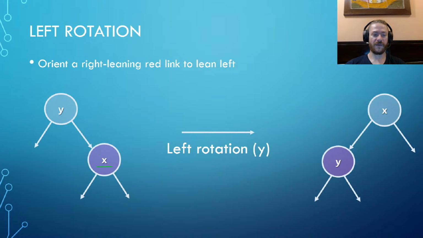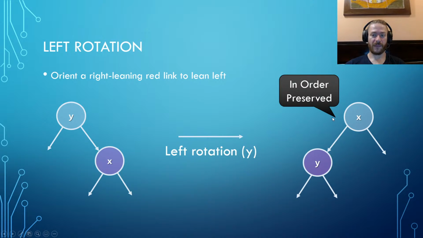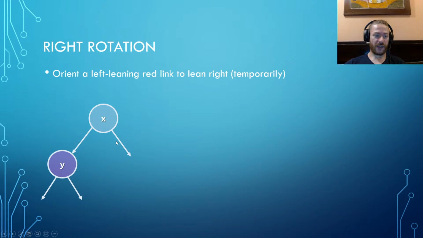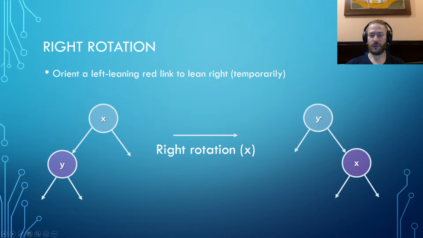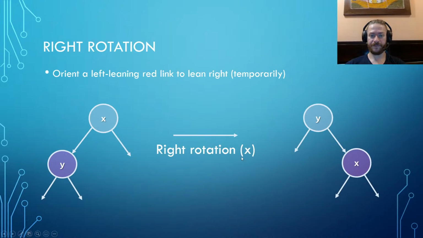As we can see, if X was red, now Y is red. So when we rotate the values of the nodes, we need to swap the colors too. And this will preserve the in-order. Right rotation is the same thing, but on the opposite side. So we rotate it like this and swap the colors too.